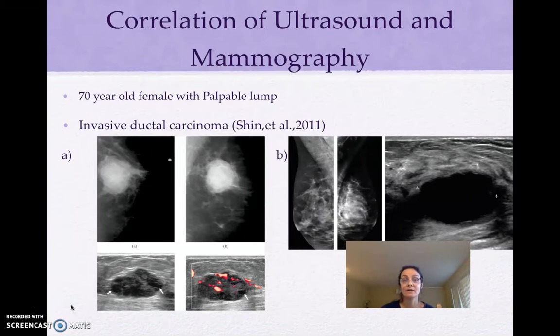So for my critic, I believe that this is actually a very good way because ultrasound complements mammography, and they work together really tightly in breast cancer.